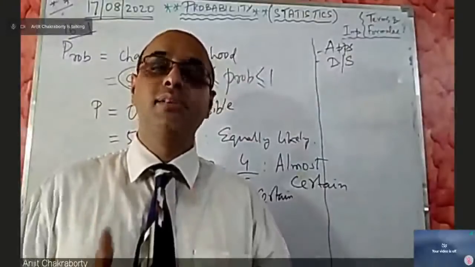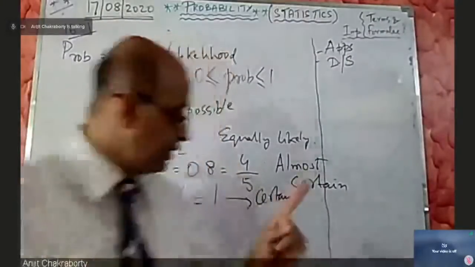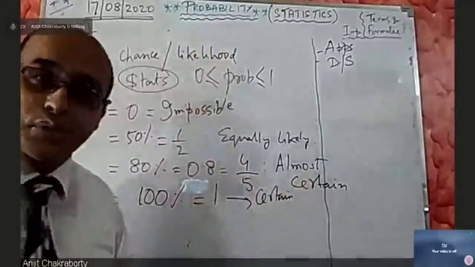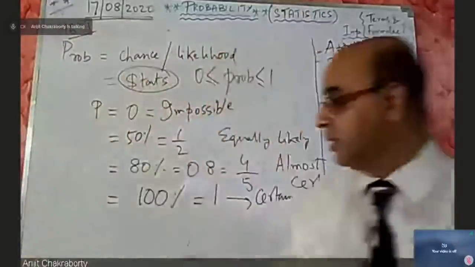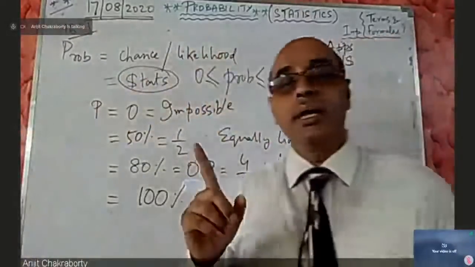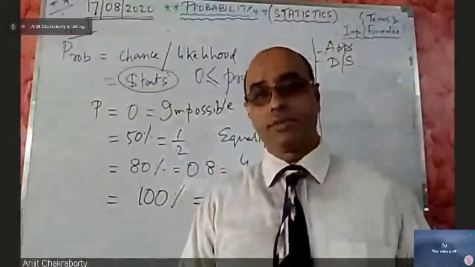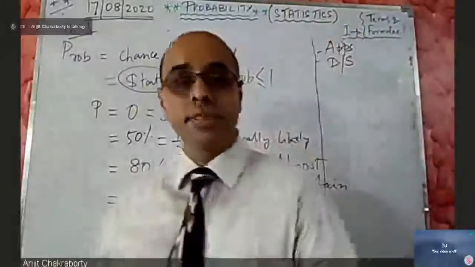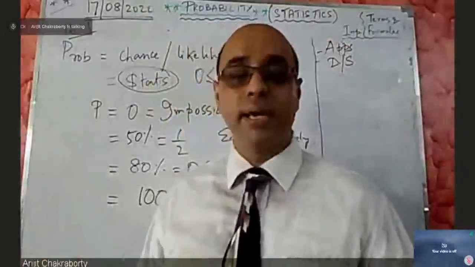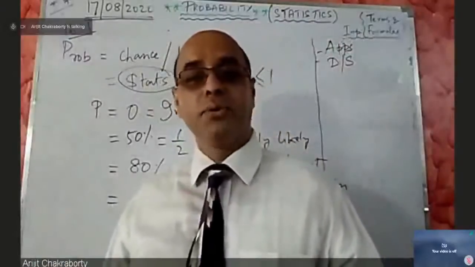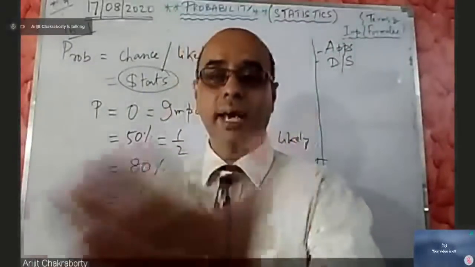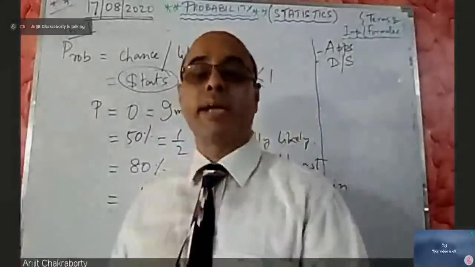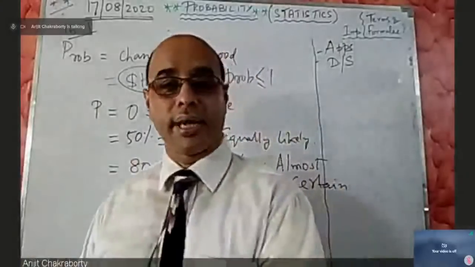So from the statistical and mathematical point of view, certain means 100% probability. So if somebody is born, there is a 100% chance that the person will die someday, and maybe an equally high chance that he has to pay tax, whether direct tax or indirect tax.